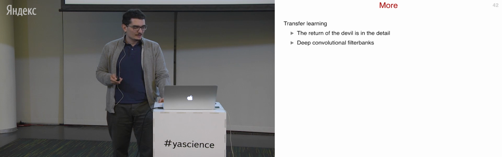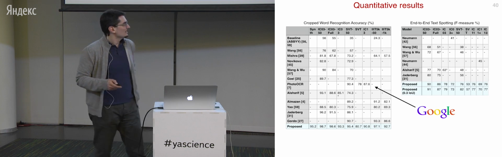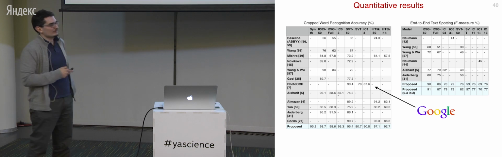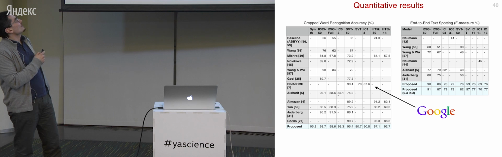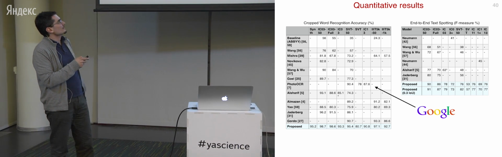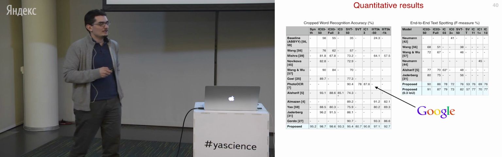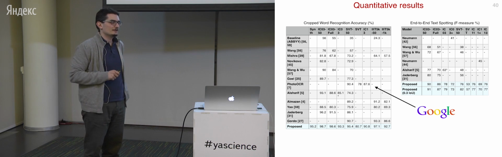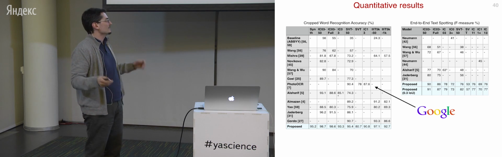Yeah, I don't think I actually said anything about the performance of the system. Maybe I should have. There are a bunch of data sets where you can evaluate this. One is about cropped word recognition accuracy, and the other one is end-to-end text spotting accuracy. So this is just evaluating how well you recognize your words once you have the bounding box, and this is how well your overall pipeline does.